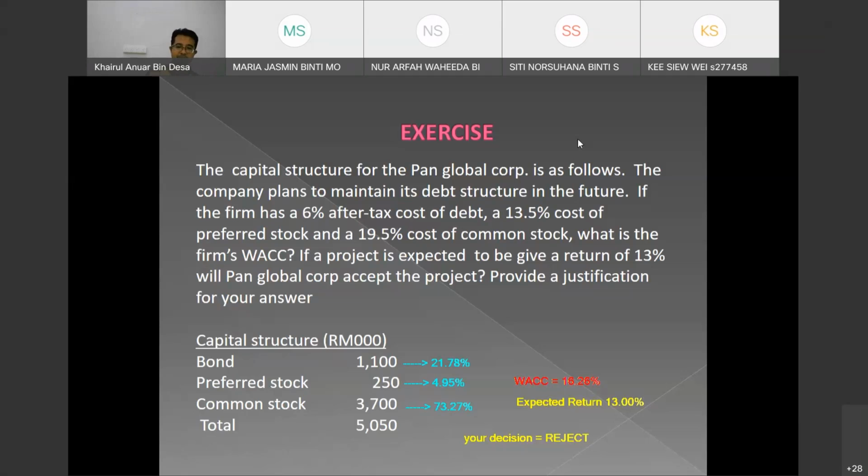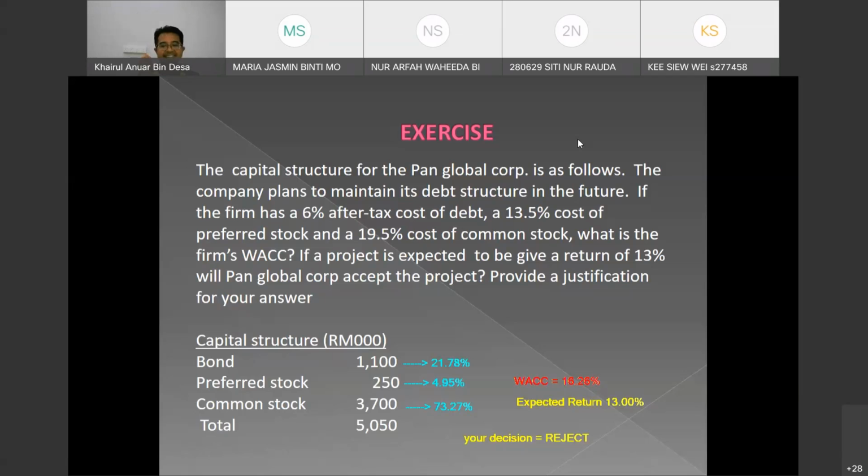Raudah, online jap. Yes, sir. WACC itu sebenarnya apa? What is the WACC actually? WACC dia adalah rate return kita yang sepatutnya kita.